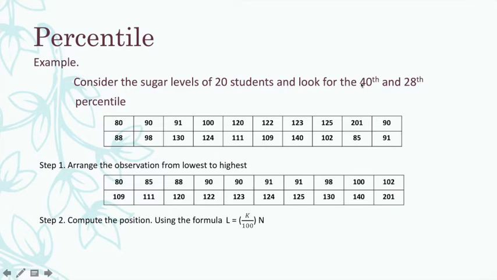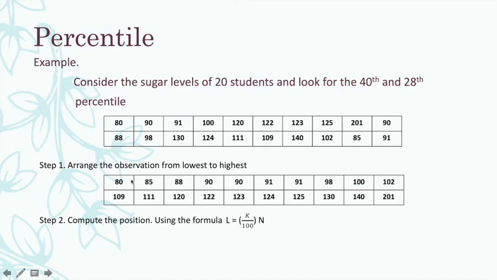Let us compute the 40th percentile. Using the formula, L is equal to K over 100 times N, where K is the 40th percentile, and N is the number of entries, which is 20.